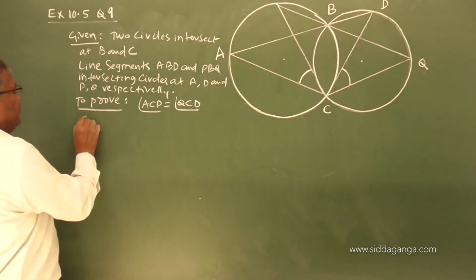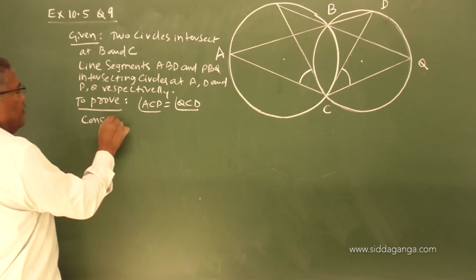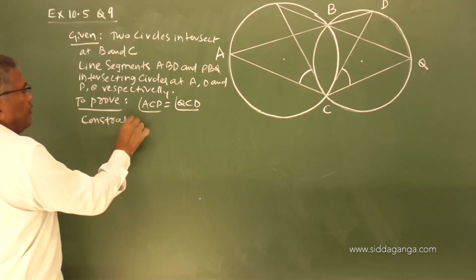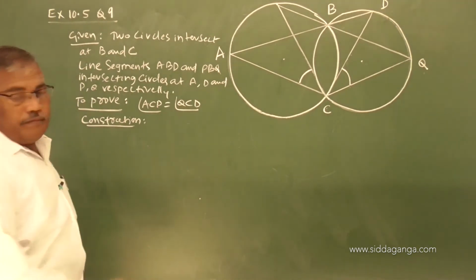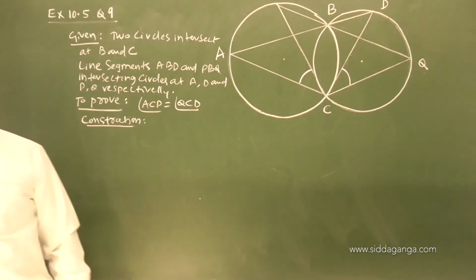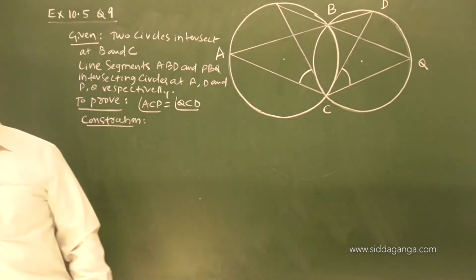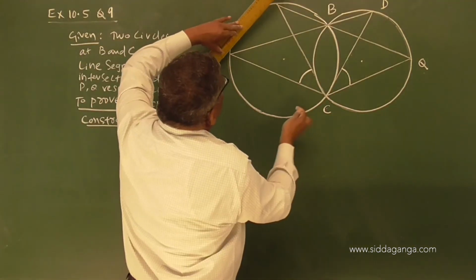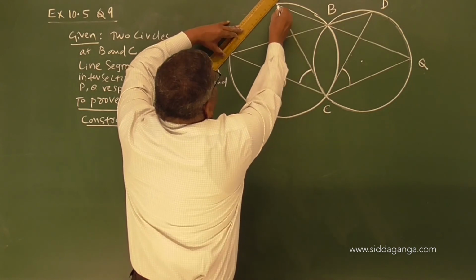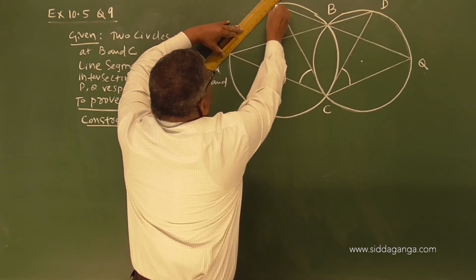Construction. Join AP. This is the construction. I will show it in dotted lines.